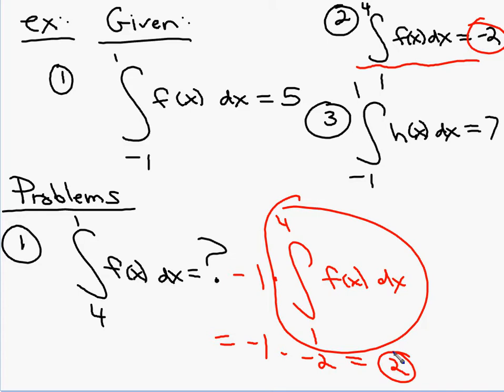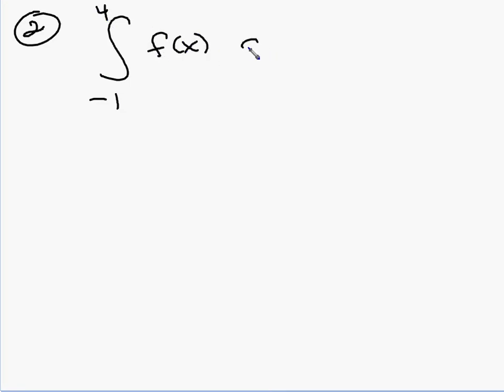Let's do another one. These are problems. Well, what if they asked you to find the integral from negative 1 to 4 of f of x dx? Now, I wasn't given information about negative 1 to 4, but you have to think graphically here.